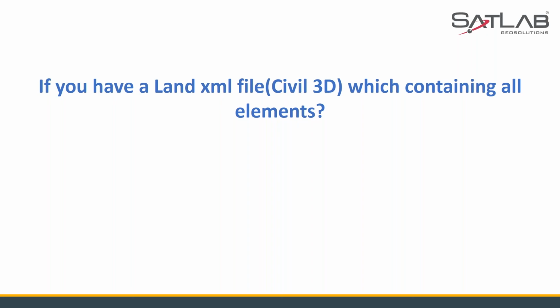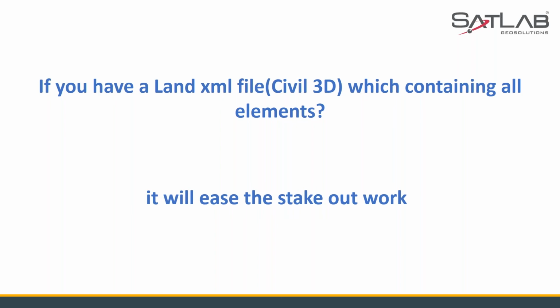Then we just export our XML file directly to our controller, which is easy. It will ease the stakeout work for us if we have all these details and everything on our controller. So we're going to learn how to import the LandXML file in our Satsurv software.